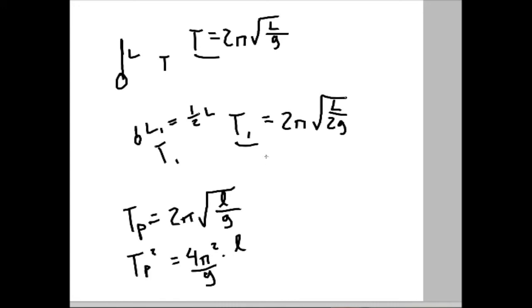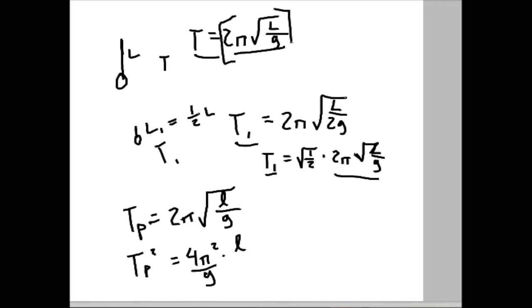Because all of these terms inside this radical are multiplied together, I can factor out the square root of 1/2, and then times 2 pi, and then times the square root of capital L over g. I got this equation to look just like this one. So this term is right there. Oops, sorry about that previous equation.